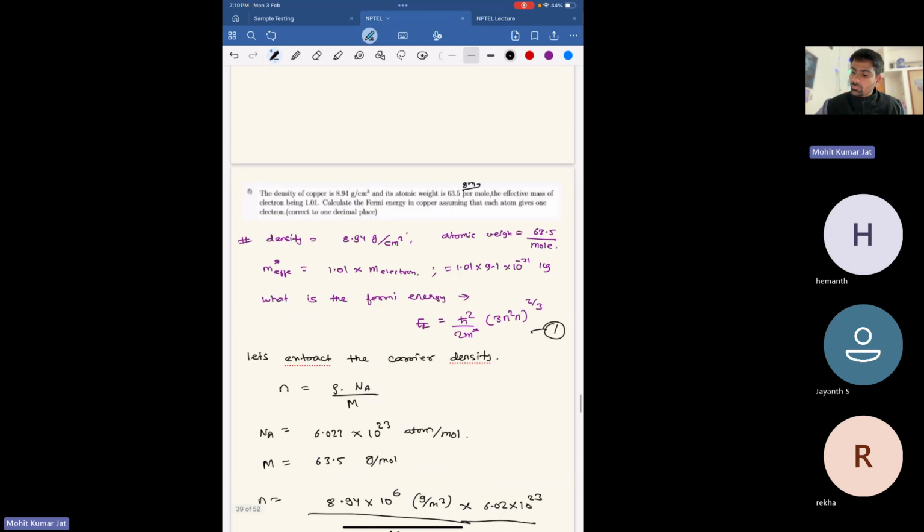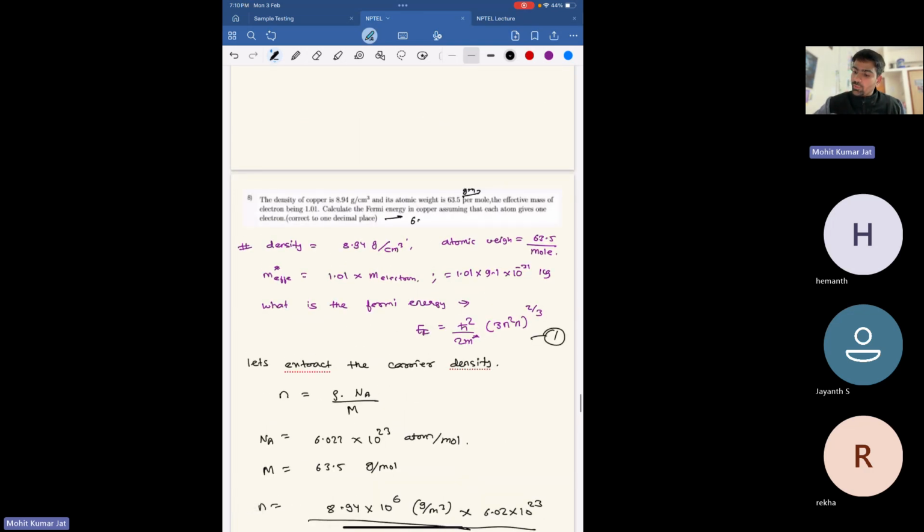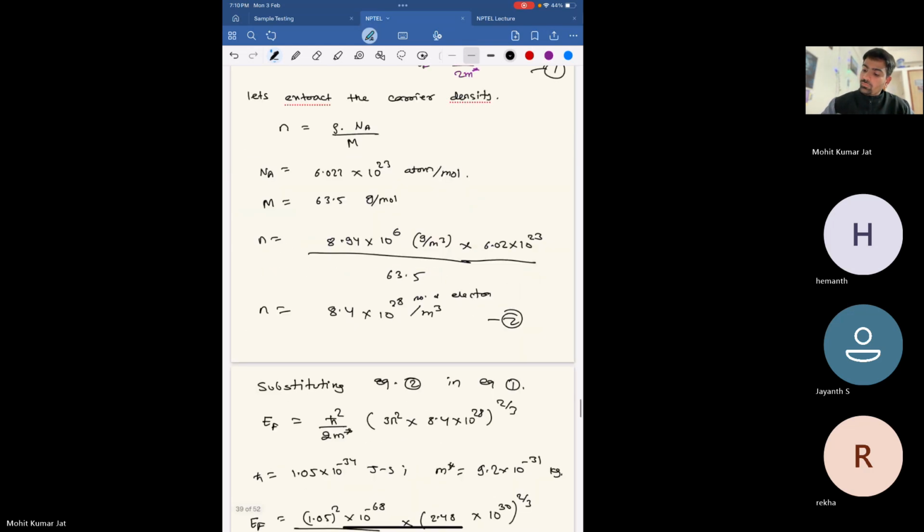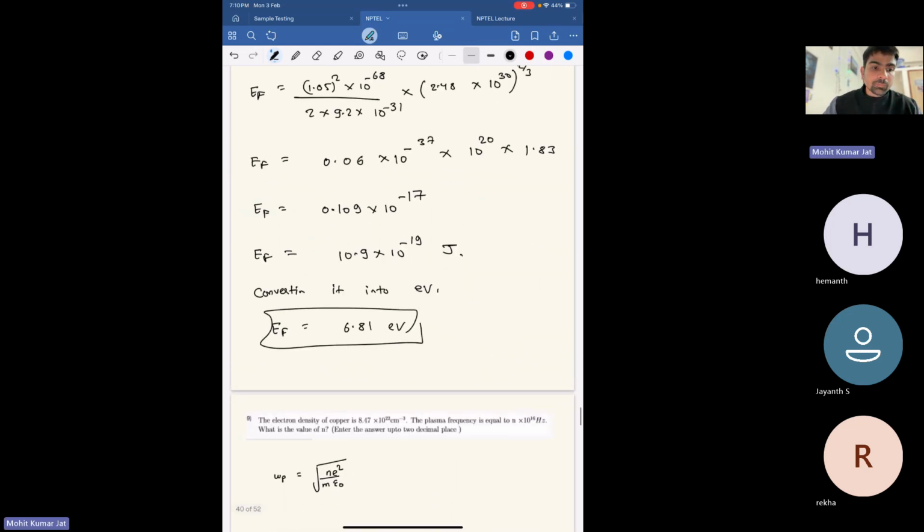And so the correct answer for this one will be 6.81 eV, roughly. So this is the one.